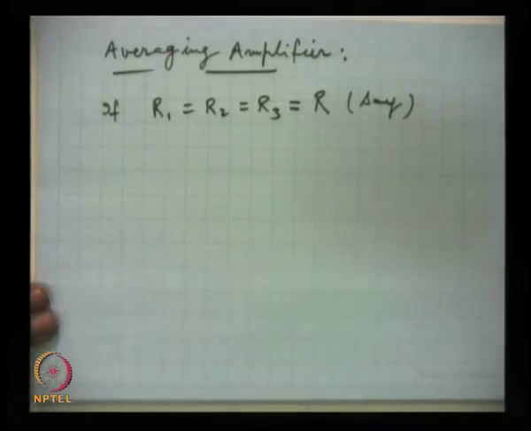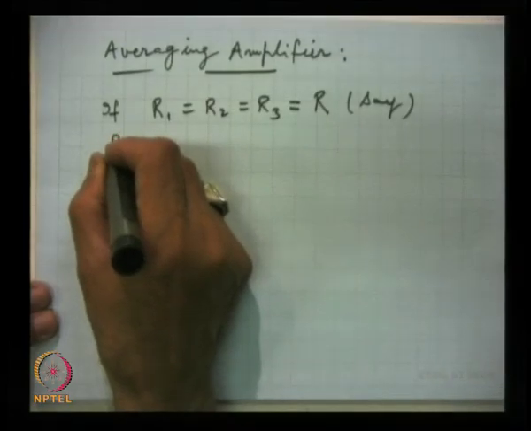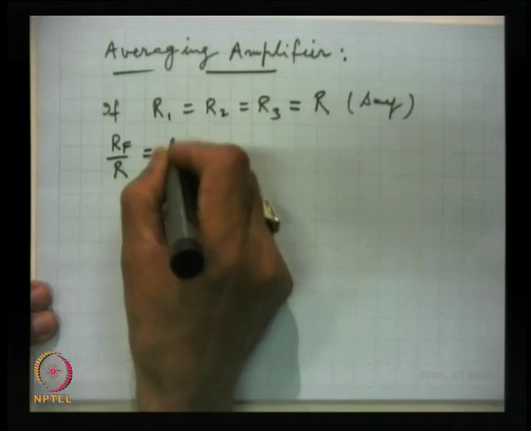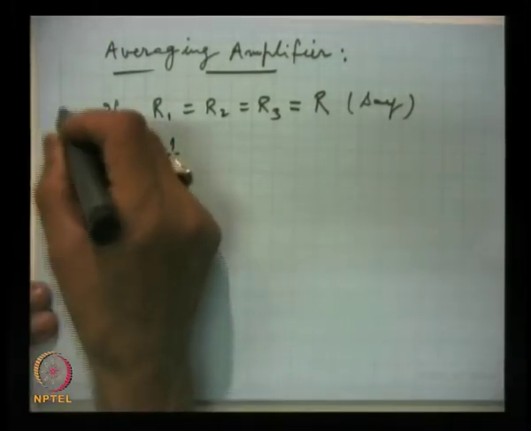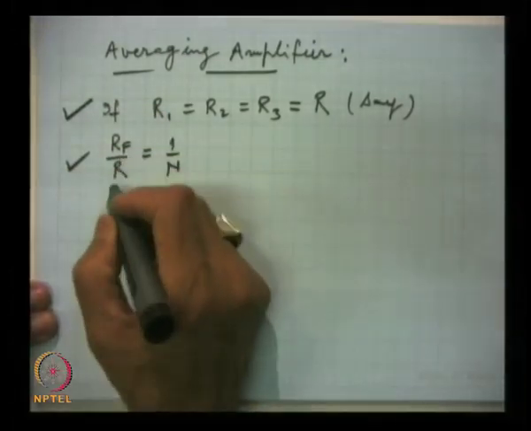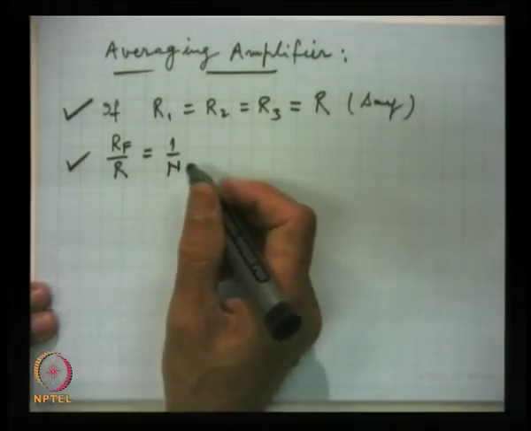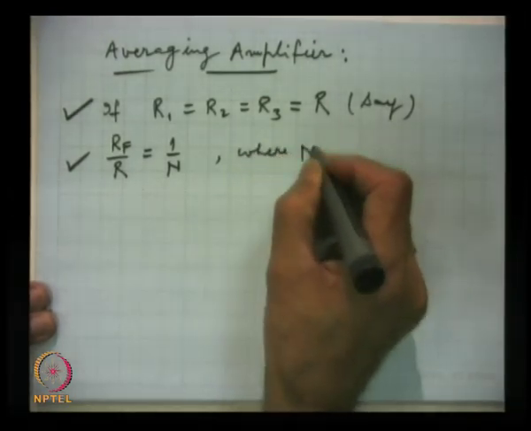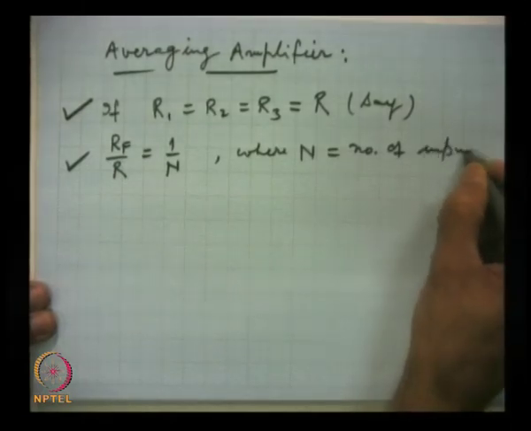If this is the condition, and Rf by R is taken as 1 by n, this is an additional point. First point is this, the second point is that Rf by R should be taken as 1 by n, where n is the number of inputs.